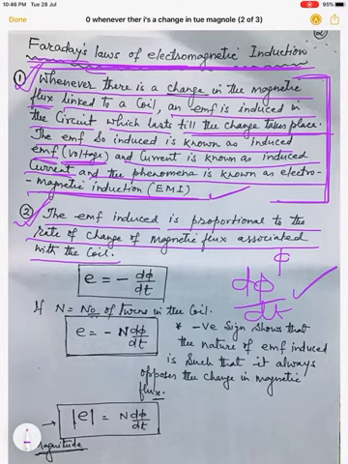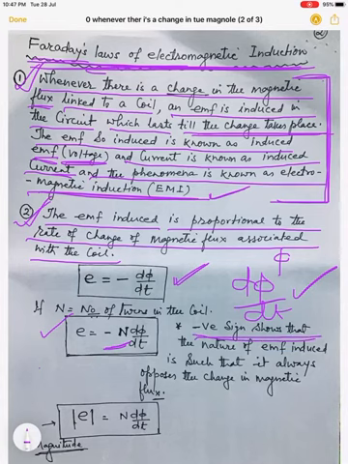So E is proportional to d phi by dt, and E is equal to minus d phi by dt. And if n is the number of turns in that coil, we can write E is equal to minus n d phi by dt, where d phi by dt is the rate of change of magnetic flux and n is the number of turns.